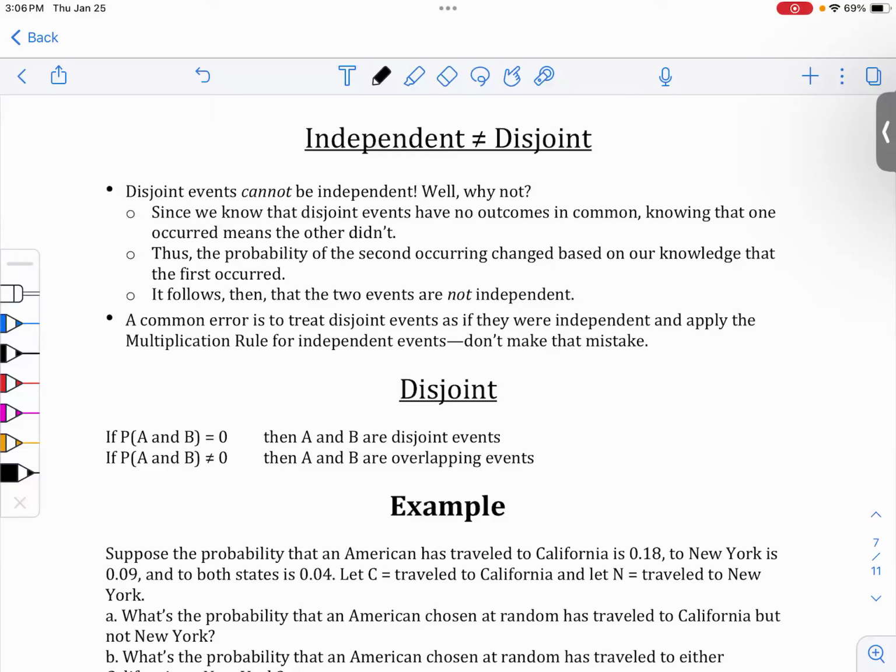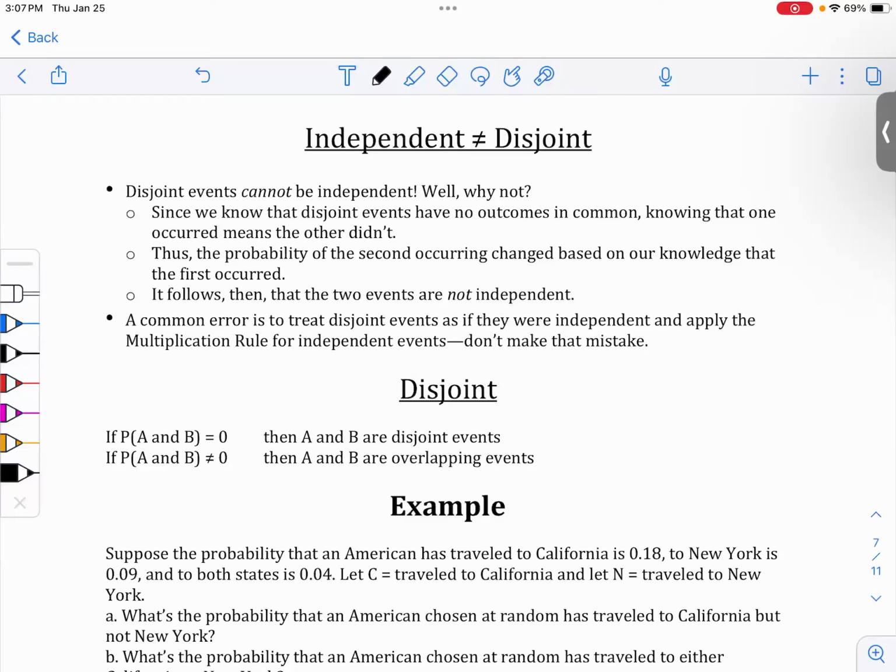Be aware this doesn't work the other way. Overlapping events can be either independent or dependent, but disjoint events are always dependent. In the real world, most things are overlapping events, which means they could be independent or dependent.